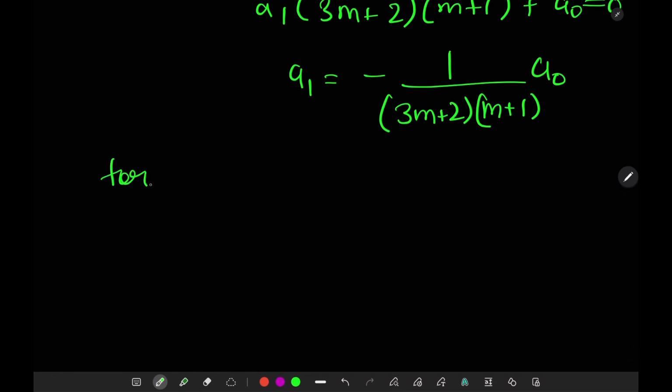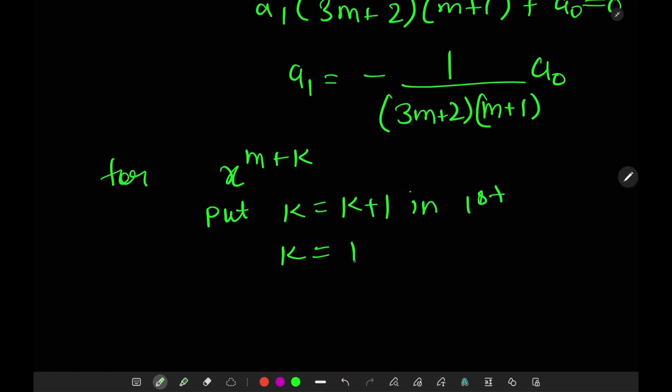Now for the coefficient of x raised to power m plus k, put k equal to k plus 1 in the first summation and k equal to k in the second summation.